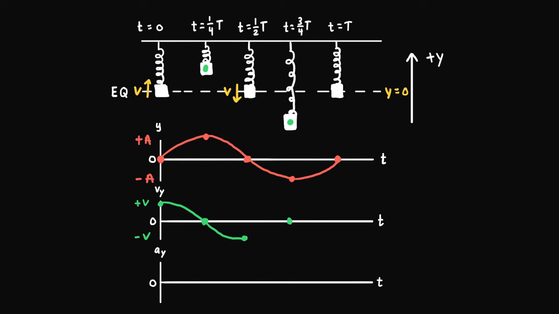And so we should see that change in direction in our velocity versus time graph as the object is passing across the time axis. And then at t equals T, when the object has returned to equilibrium, in my picture up above, the velocity is now once again in the positive y direction. And so the velocity in my graph should be that same positive value as it was initially.